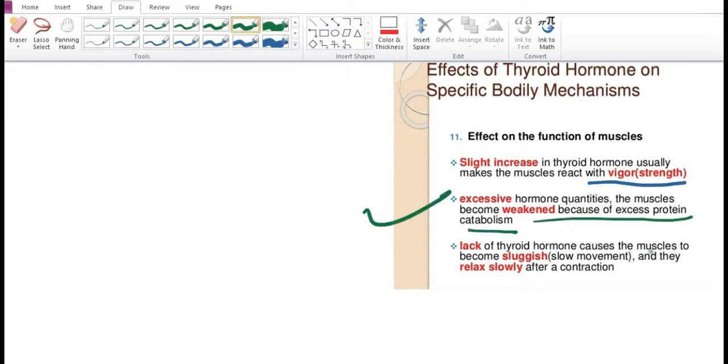Action on the sexual function. Normal thyroxine level is essential for normal sexual function. In men, hypothyroidism leads to complete loss of libido, and hyperthyroidism leads to impotency. Whereas in women, hypothyroidism causes menorrhagia and polymenorrhea.